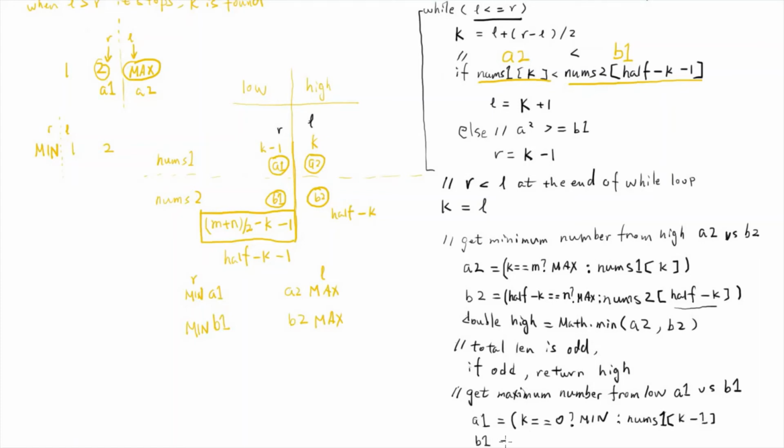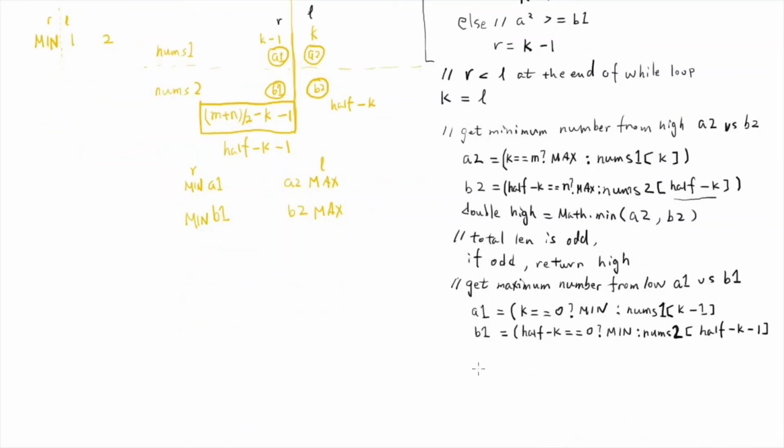B1. We do the same check. And here we will check if half minus k is equal to 0. If yes, assign the minimum. Otherwise, we get a number from the second list, at half minus k minus 1.